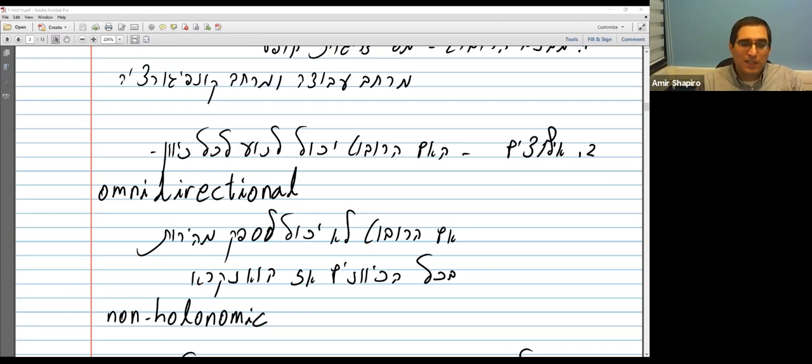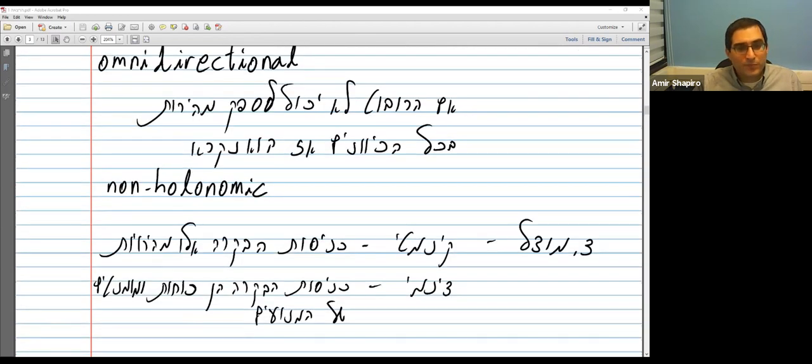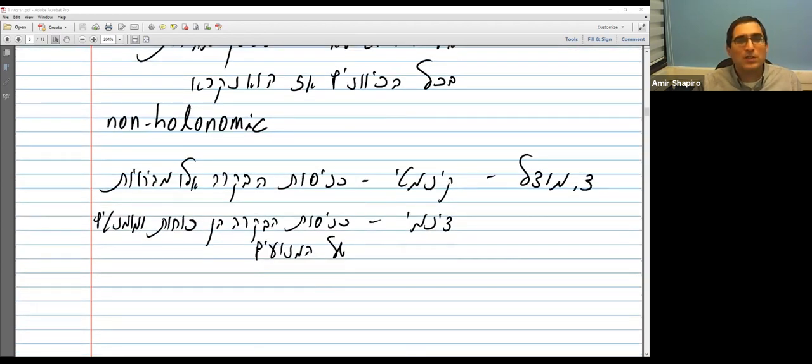Because we have some constraints, the car cannot drive sideways. This is called a non-holonomic constraint. This is a constraint on the velocity of the system. We'll talk a little bit about holonomic and non-holonomic constraints in the control part of the course.